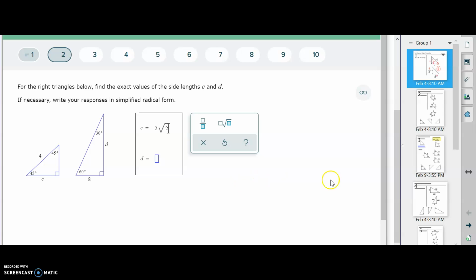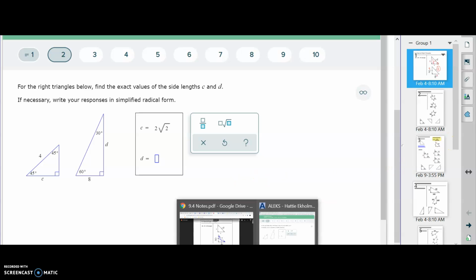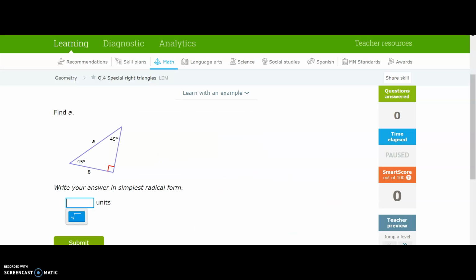All right, let's take a look at some of the IXL ones. So 45, 45. So I see an 8. So it's going to be 8. Oh, it's not going to let me write. Oh, well. 8, 8, 8. I put 8s on all of them. Same, same, same.